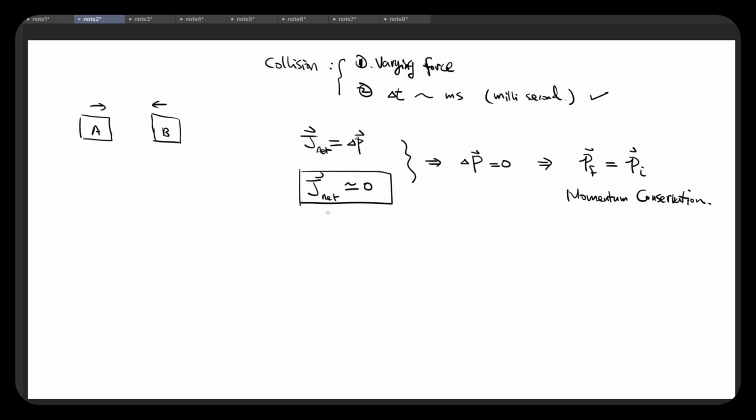This net torque refers to the net torque due to external forces. The interaction between A and B does not count as an external force. Let's look at one picture here. Now, when they collide, I'm going to draw that collision instant.